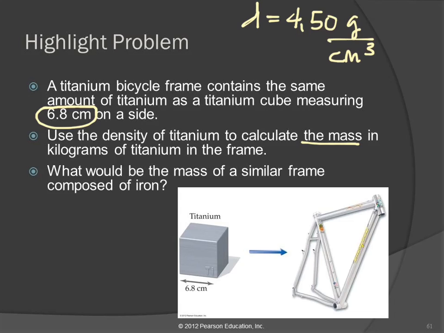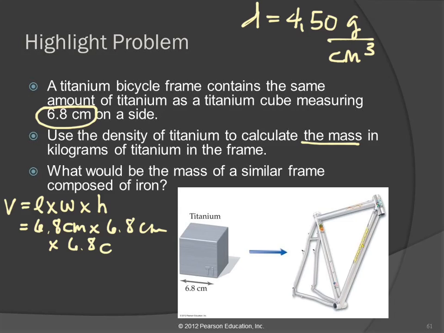How can we find the volume of titanium in that frame? Yeah, we need to cube 6.8 because the volume of a cube is the length times the width times the height. If all those are equal, then it's just that one dimension cubed. So it's 6.8 centimeters times 6.8 centimeters times 6.8 centimeters.